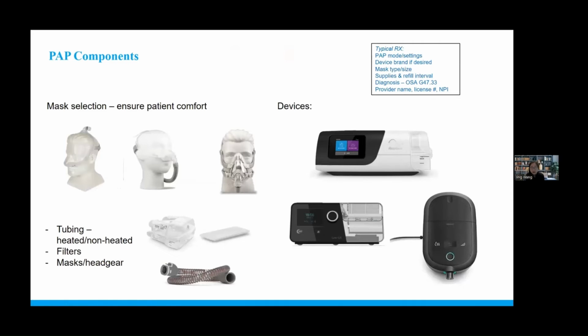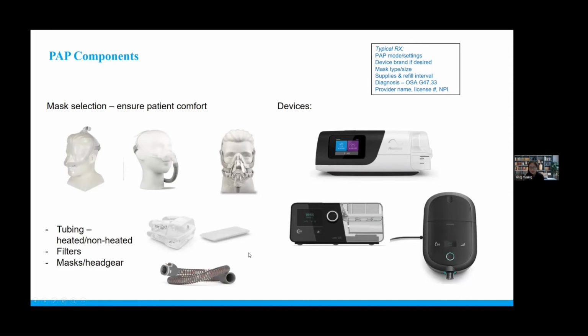Okay, so what happens when a patient actually gets the PAP set up or delivered to their home? The different components of a PAP setup include, obviously, the device. This is just a picture of the three common devices on the market. This is the ResMed, this is the Philips DreamStation 2, and then this is the Luna 3B machine.